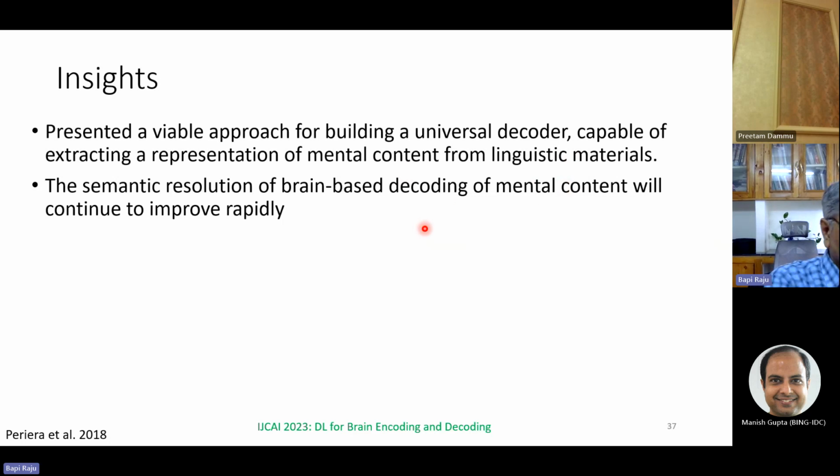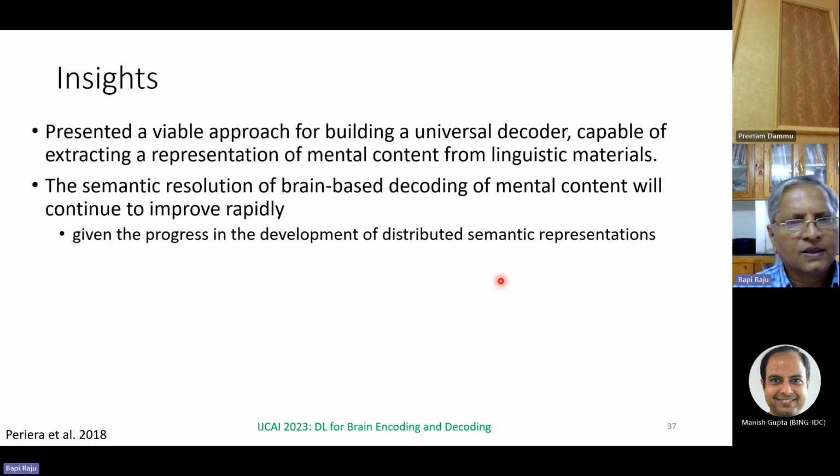Right, so the semantic resolution of this brain-based decoding, of course, will continue to improve, given there are a lot of advances. There are models which I'm not covering here, but that use recent advances in large language models, representations derived from those, or brain activation that predict those representations.